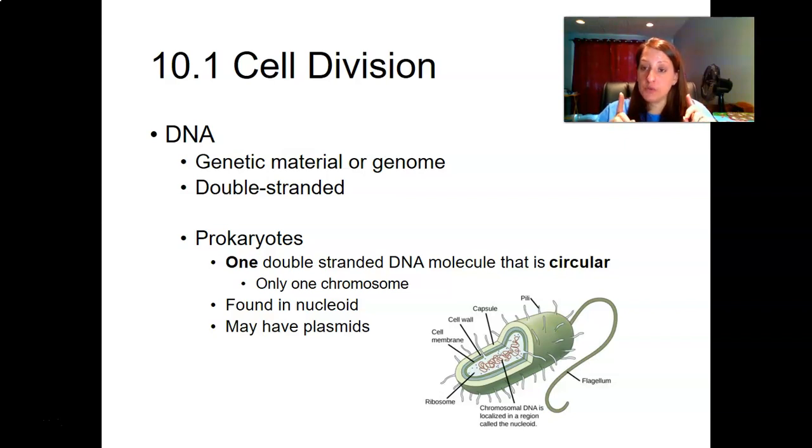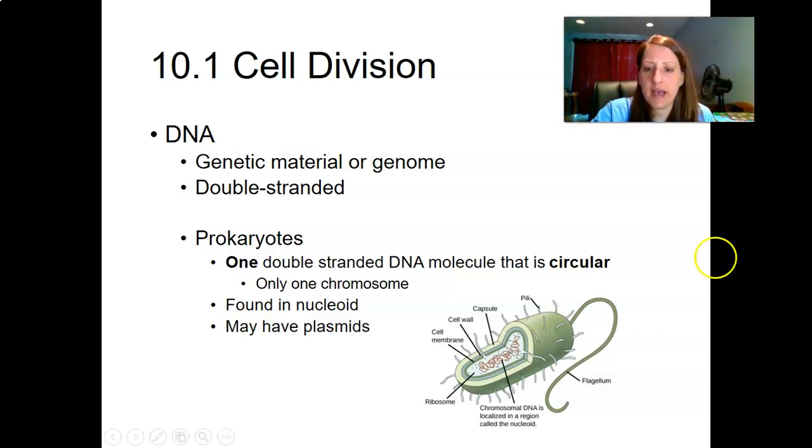In prokaryotes, this is really neat and important. In prokaryotes like bacteria, they're only going to have 1 chromosome, which is pretty neat, right? That 1 chromosome is going to be double-stranded, and it is going to be circular. So we have a circle of genetic information in bacteria.